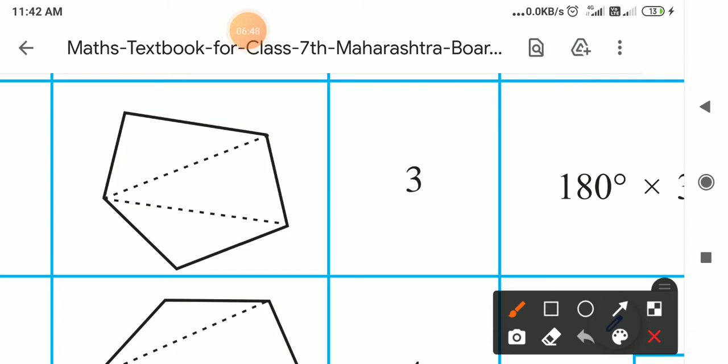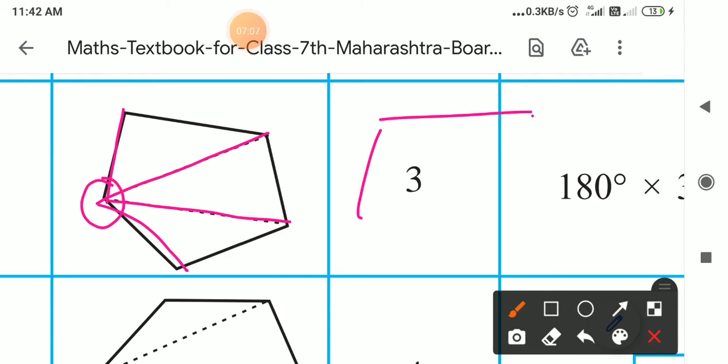Okay, and we have to check how many triangles are there in it. For that, what do we have to do? We have to choose one vertex of the pentagon, and join this vertex to the other vertices. This is also a pentagon.